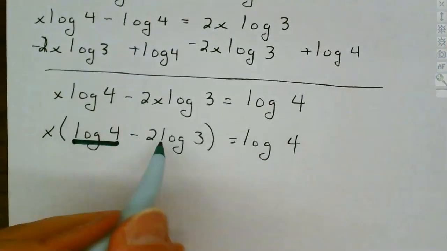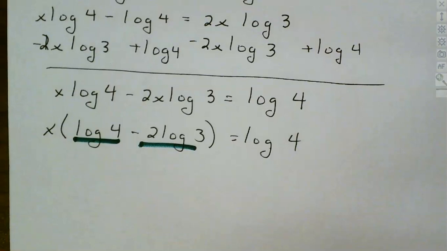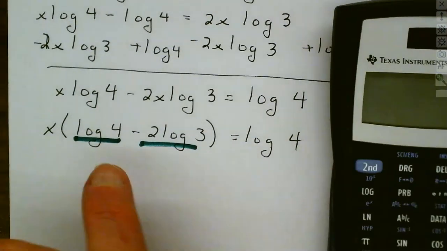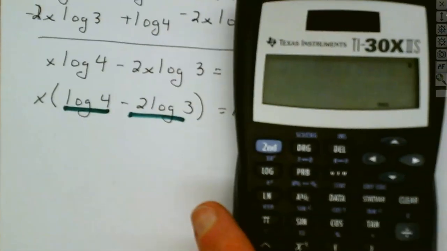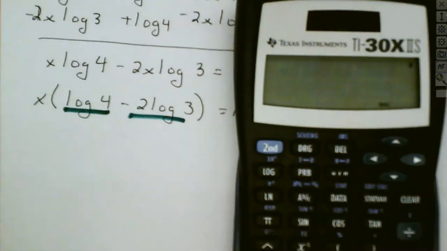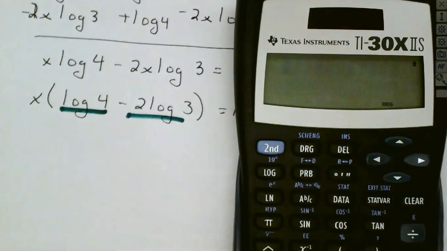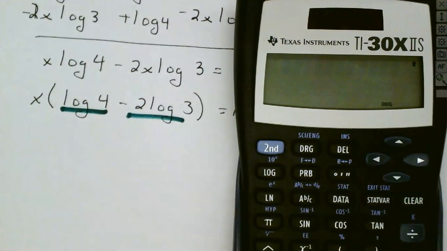So let's go ahead and work out all the different pieces here, and we'll break this down. We'll use our calculator to get this side. You can do it all at once, or you can use a piece of paper and write all the pieces down. I'm probably going to do it all at once.